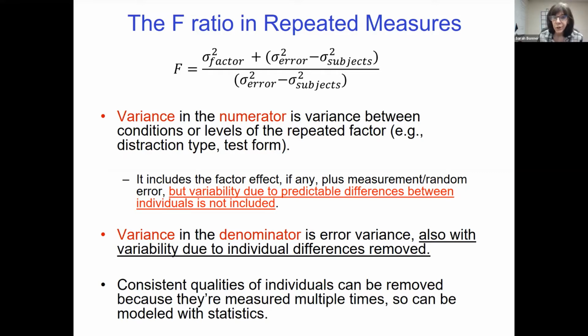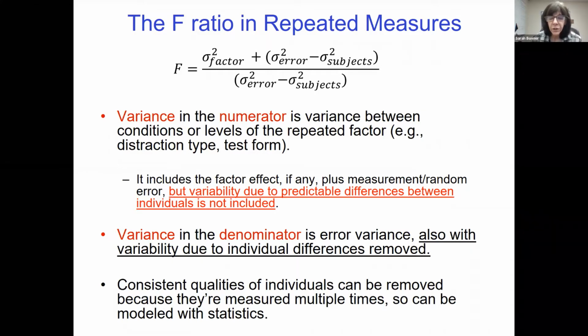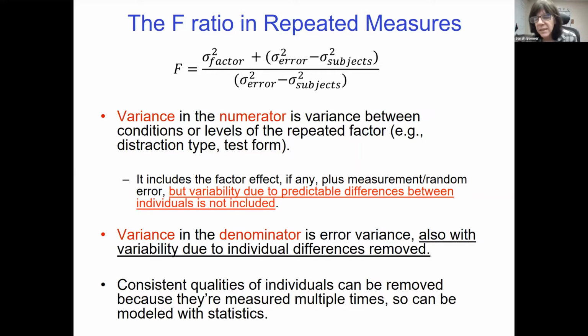Then we can actually estimate how much variance in the dependent variable measures, the outcome measures, are predictable by that person alone, setting aside consideration of factor A, how much can be estimated just related to that individual.